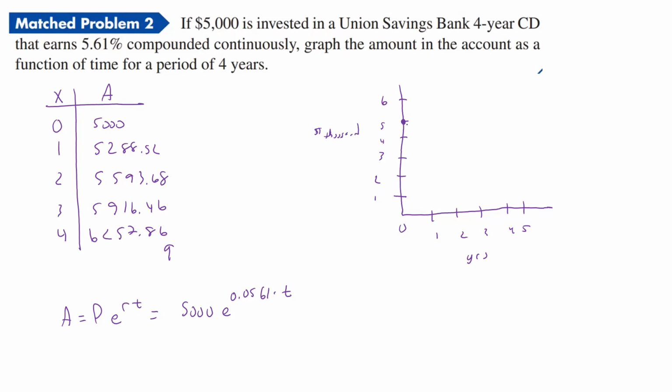So 5,000, then we'll have 5,288. Well, that's going to be somewhere around there. Two is 5,593, so it's going to be about halfway. So maybe about there. Three is going to be almost 6,000. So somewhere about there.